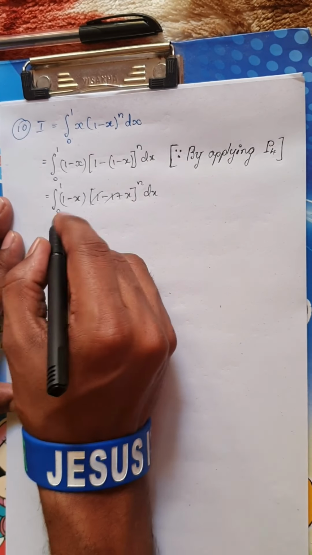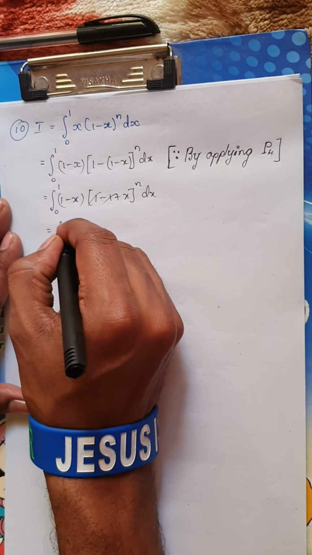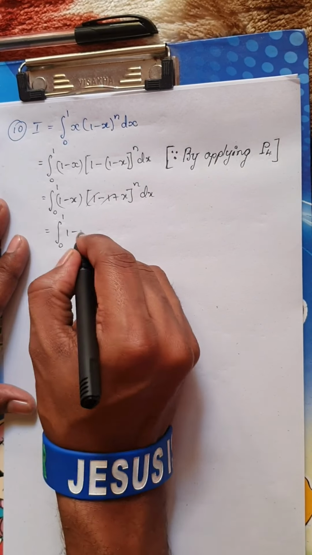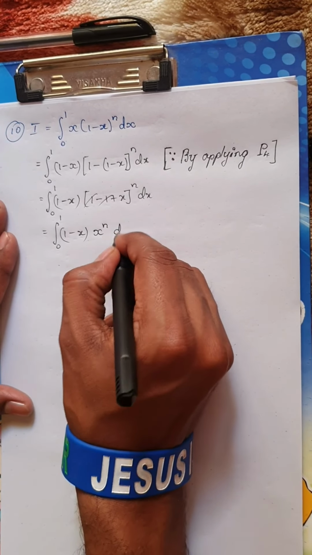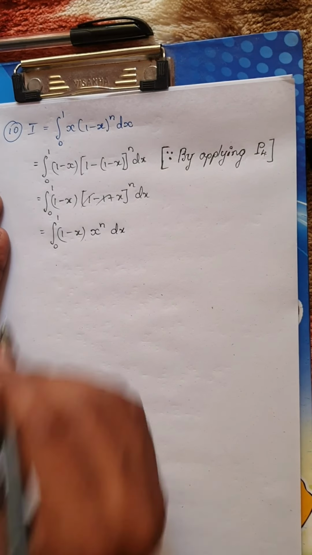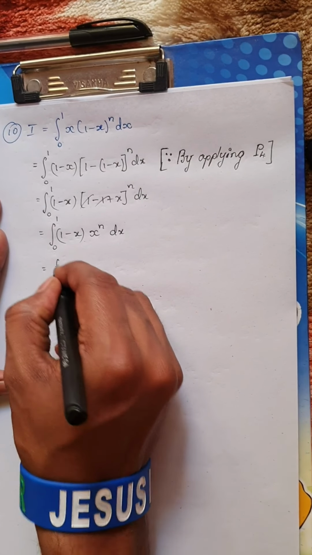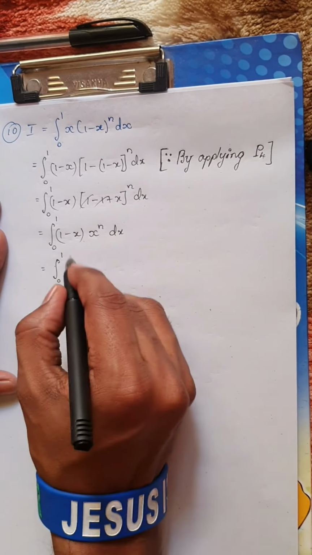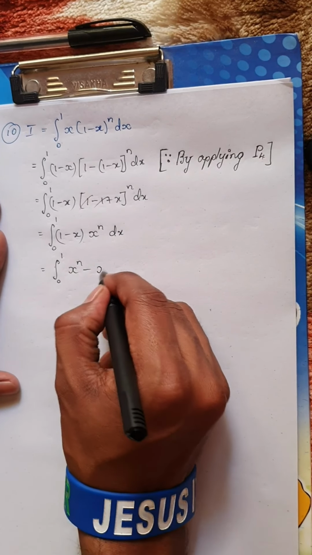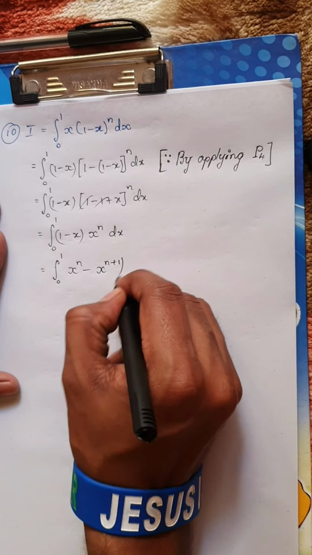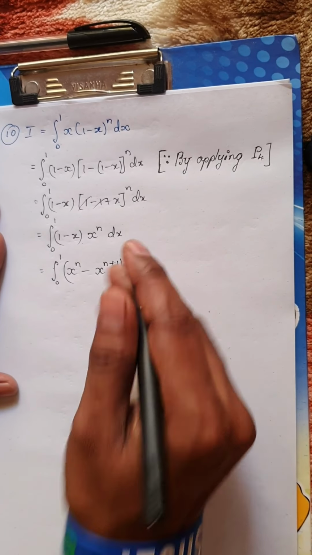Plus 1 minus 1 gets cancelled. This is the integral between the limits 0 to 1, (1 minus x) into x power n dx. So this is the integral from 0 to 1 of 1 into x power n, which is x power n, minus x power n into x, which is x power n plus 1, dx.